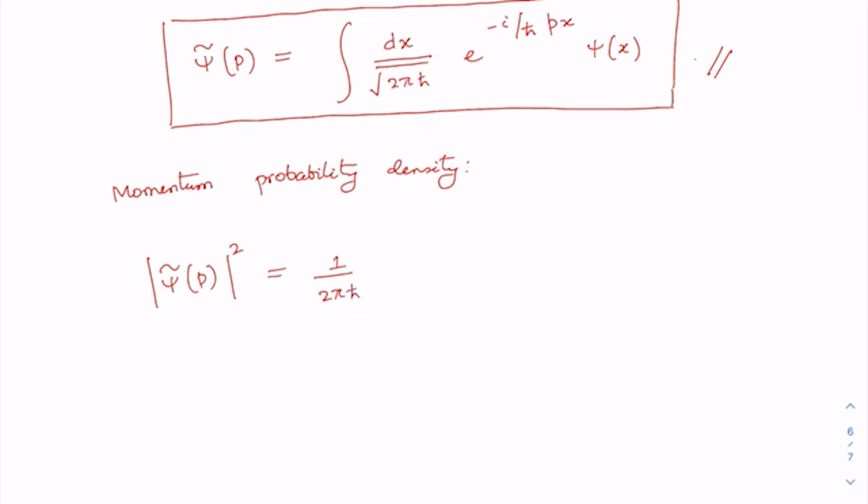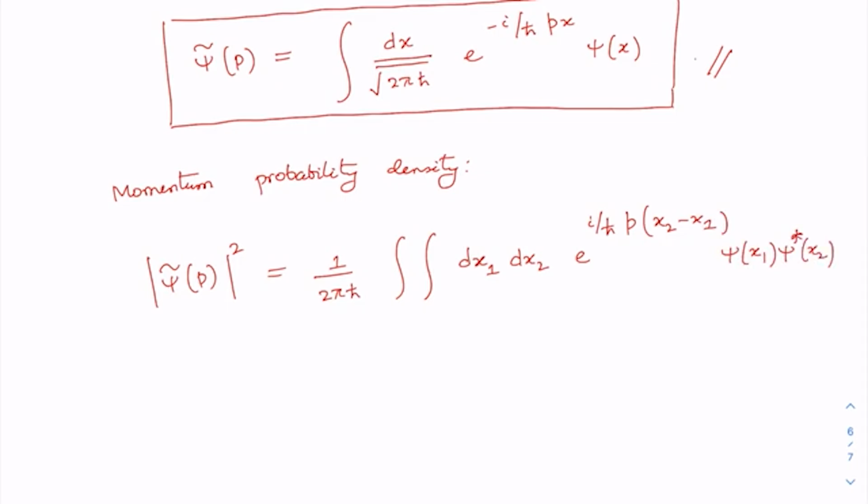You have to take the complex conjugate, multiply psi tilde of p with its complex conjugate, and that will give rise to a double integration. So let me define two different variables, x1 and x2. In one case I have to take the complex conjugate, so I will get i by h cross p times x2 minus x1 in the exponent, and you will have psi of x1 psi star of x2. I think you can easily make it out. It's very easy. We are getting it from this particular expression.